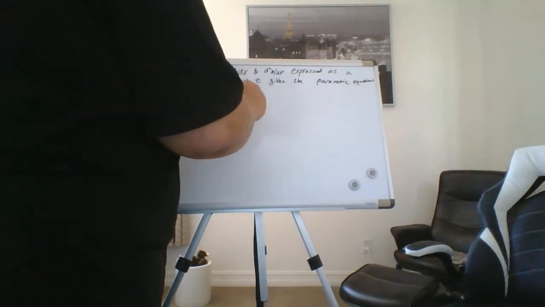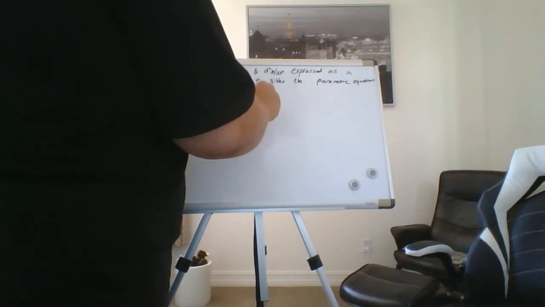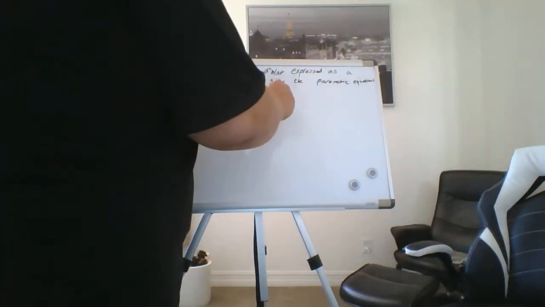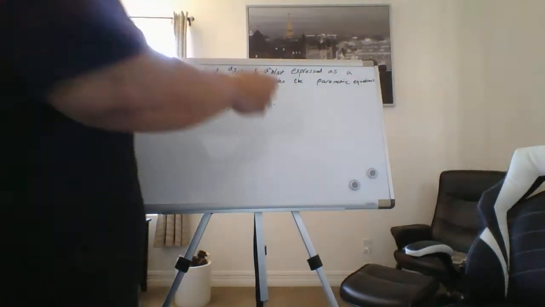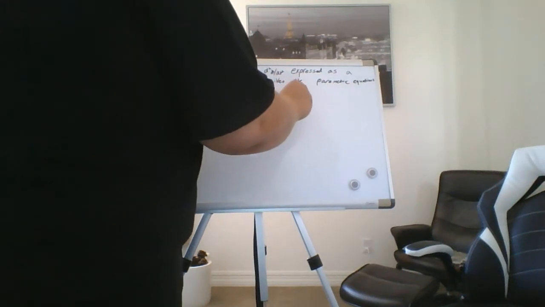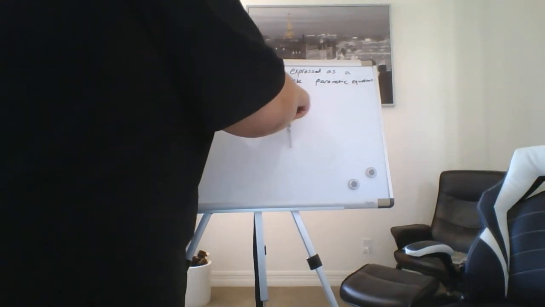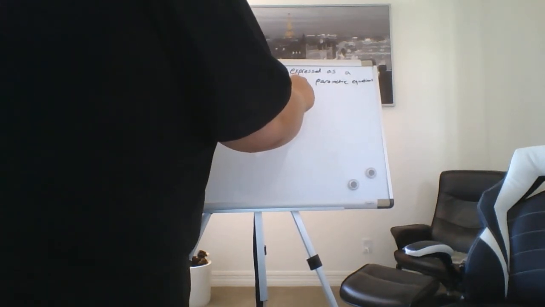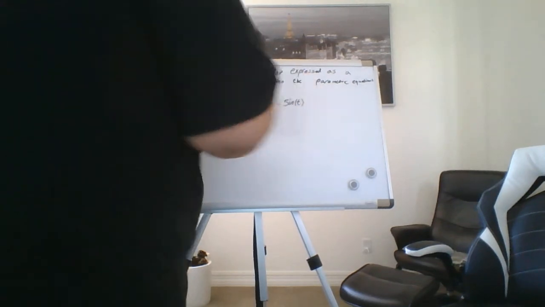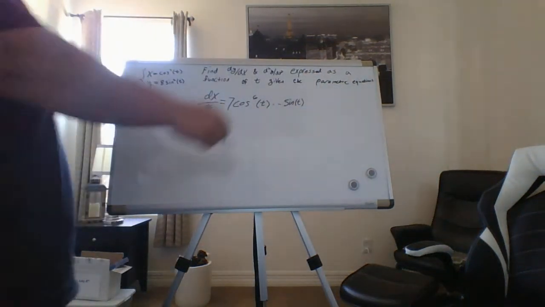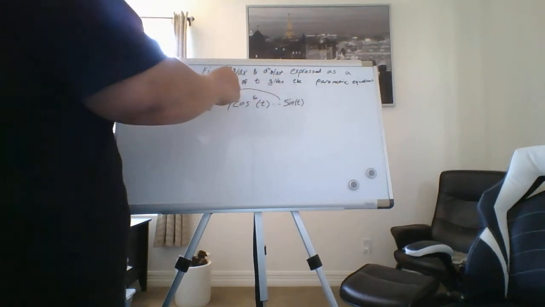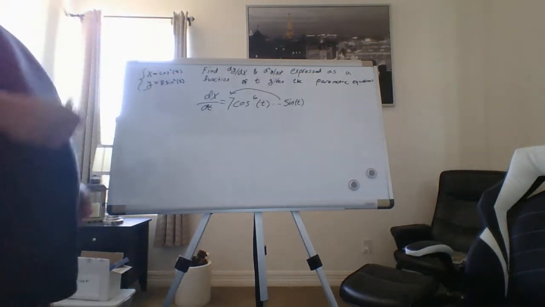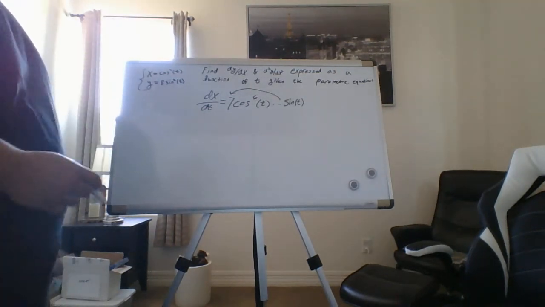Cosine to the 6th t, and then times the derivative of cosine, which is negative sine of t. You can move this negative in front of this equation if that makes you feel better, but I'm going to just leave it where it is because moving it now would be useless. We just have to move it again.